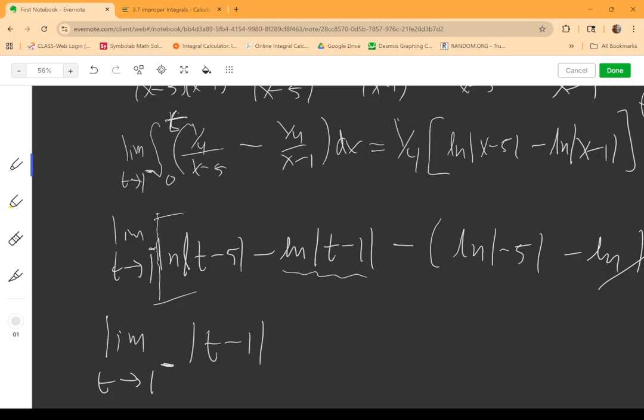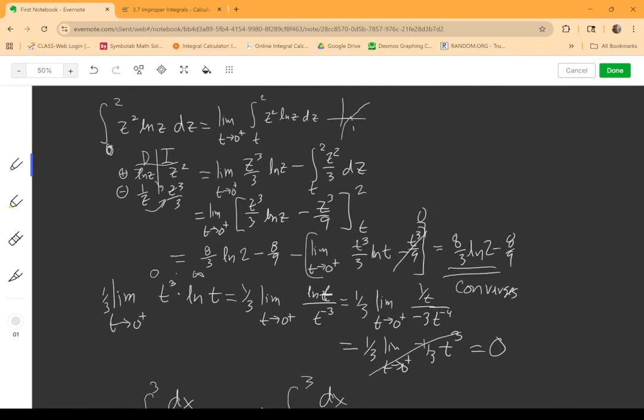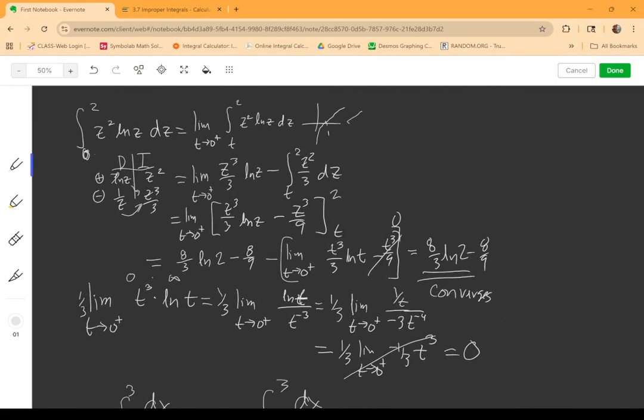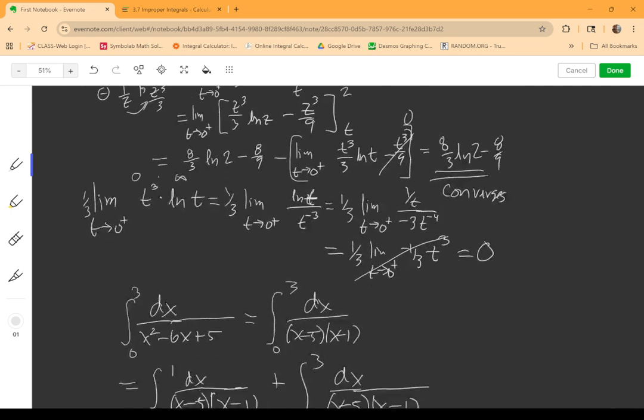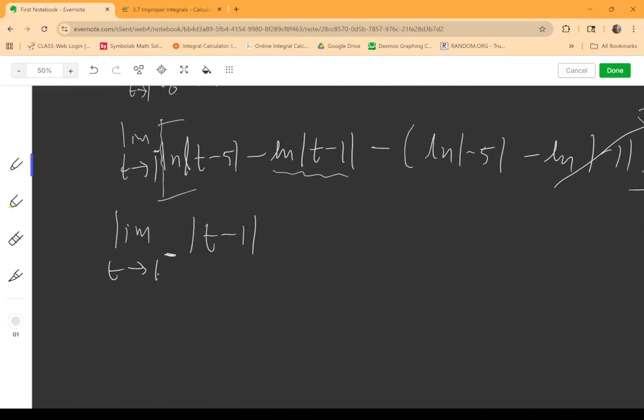And from earlier, when we were talking about the natural log, those values, as I get closer and closer to 0, go towards negative infinity. So as t approaches 1, these values are going to 0, so this whole thing is going to negative infinity. So it diverges.